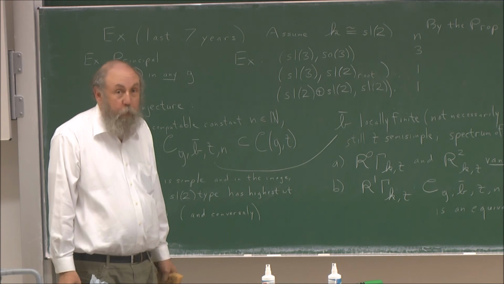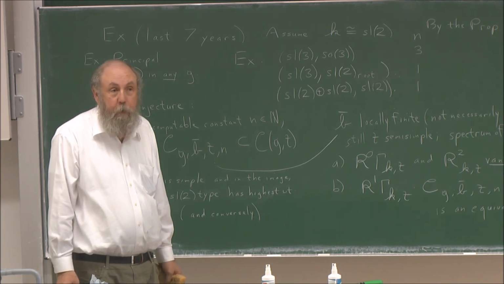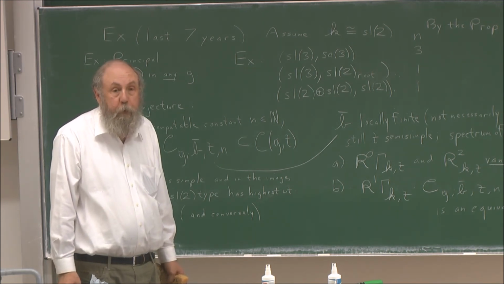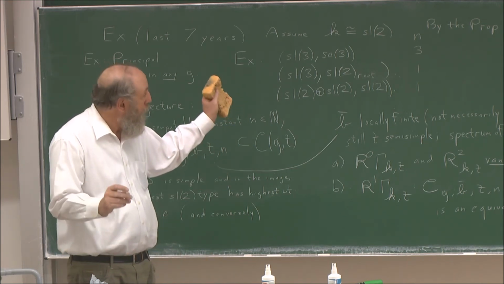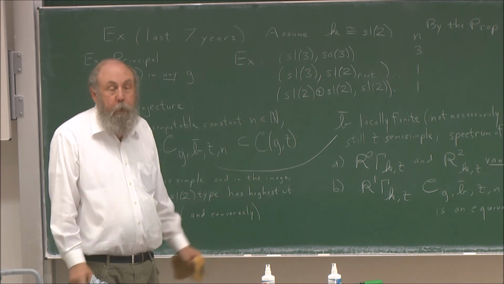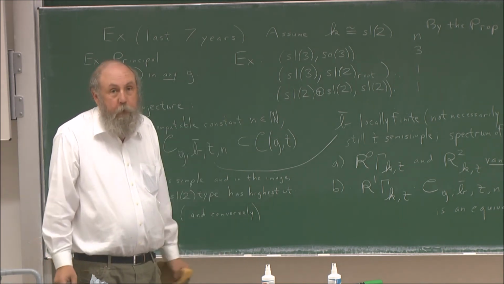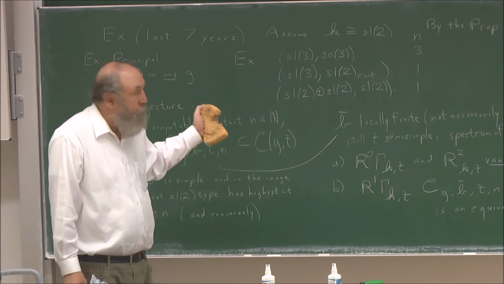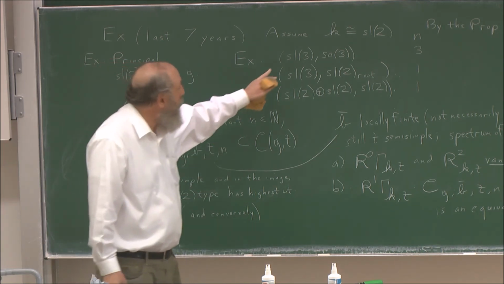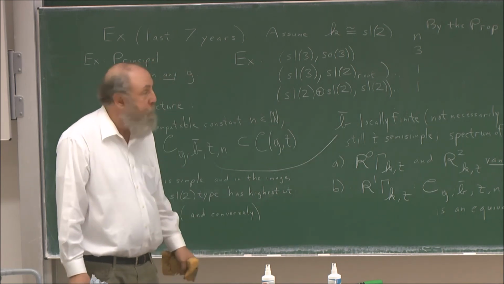And notice that you're throwing out a lot of modules by assuming that the lowest SL3 type has the highest weight at least 3. So it shows that when we go back to the classical theory, there's still a huge gap. We have not offered a new classification for this symmetric pair.